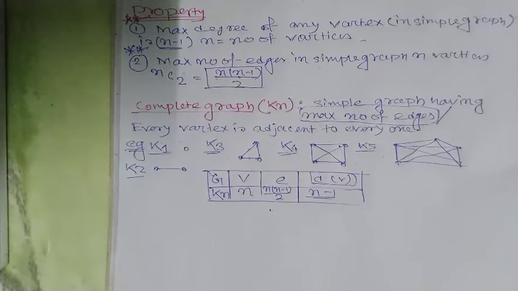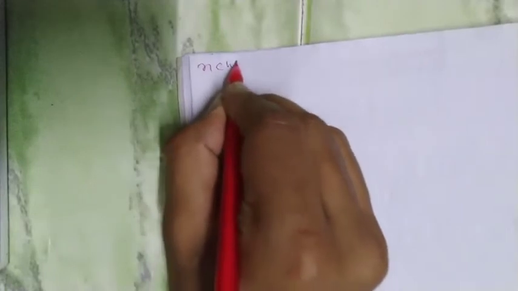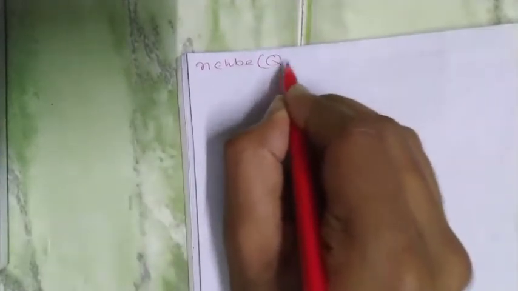And there is another special type of graph. Let me change the page. That is the n-cube. You can write it as Qn. Okay.